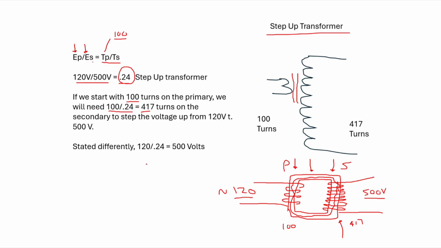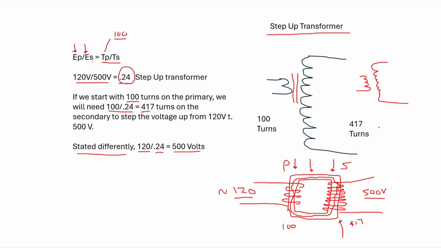And that's going to effectively create our transformer that steps up 120 volts to 500 volts. To prove it, we'll state it differently. If we had 120 volts on the input and we divided it by our turns ratio, 0.24, we'd get 500 volts output. All right? And when transformers are depicted in a schematic, not always, but if it's a step-up transformer, there are going to be more windings in the secondary.